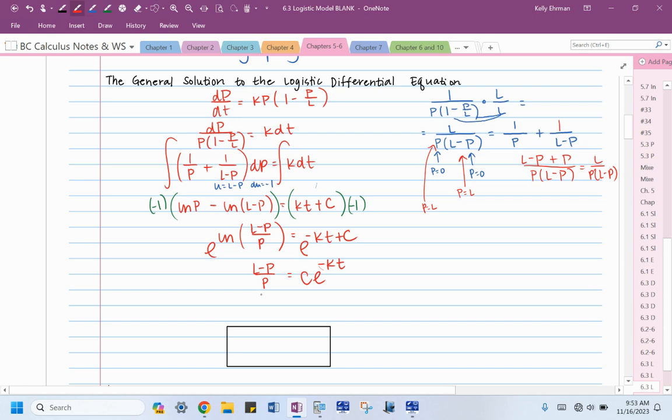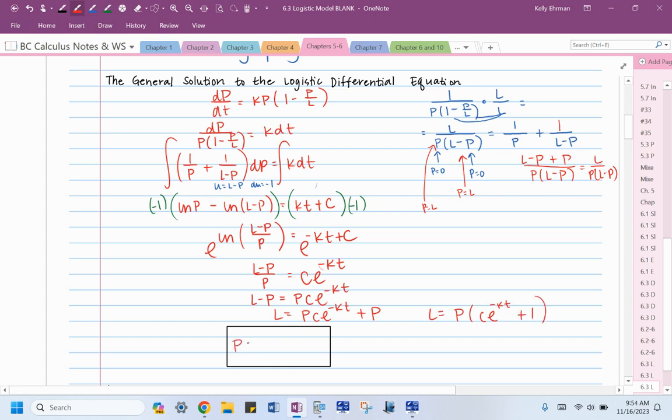All right, solve this for P. I've got to multiply P out of the denominator. Get the P's on the same side. Factor out a P. And divide.